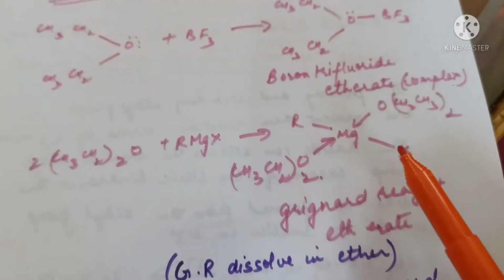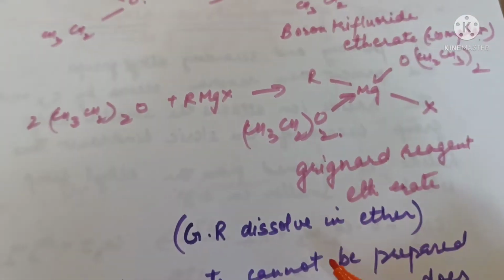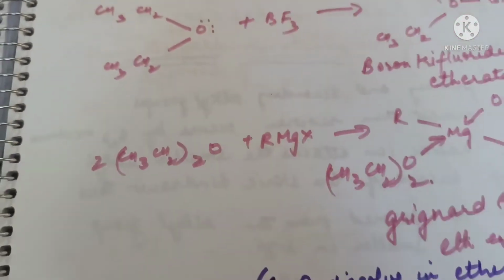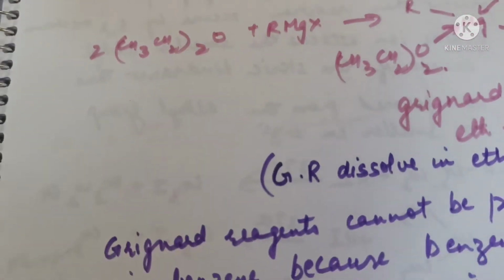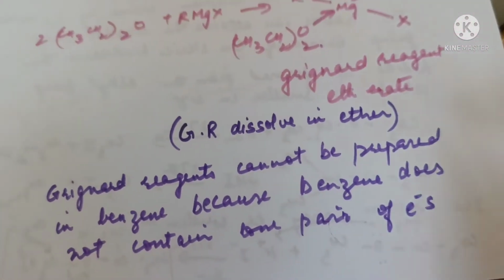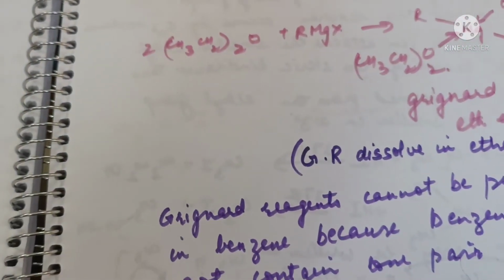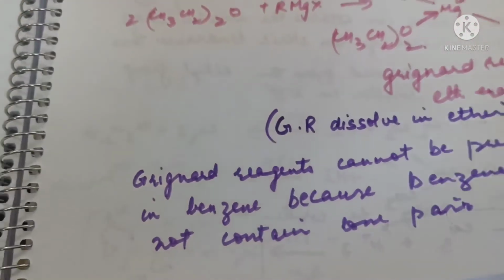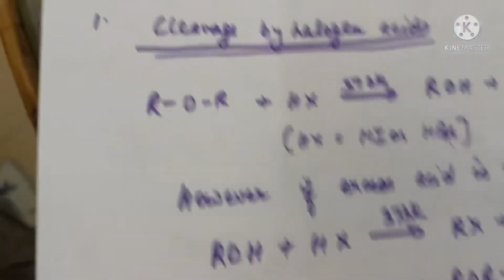Because Grignard reagent reacts in this manner with ether, it dissolves in ether. All reactions are carried out in the presence of ether, but Grignard reagent cannot be prepared in benzene because, unlike ethers, benzene does not contain a lone pair of electrons.